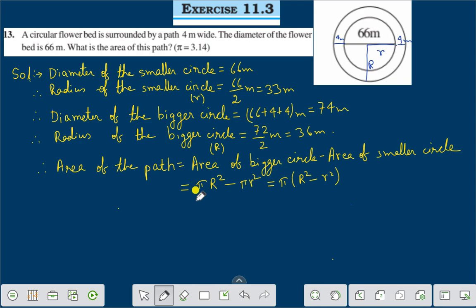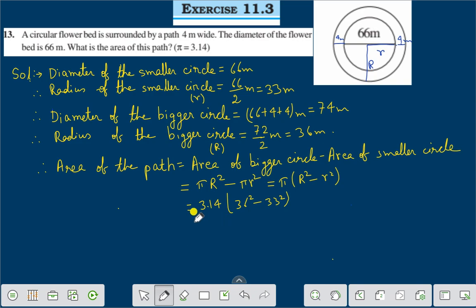Or you can write it here as the value of pi is 3.14, and value of capital R is 36, that is 36 whole square minus r square, the smaller one is 33 square.